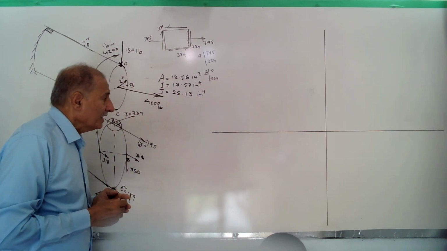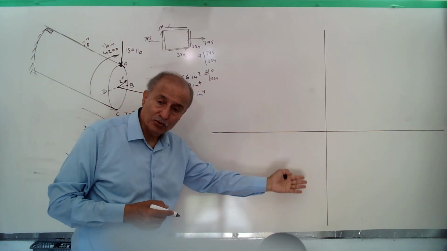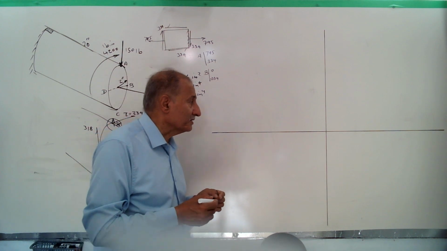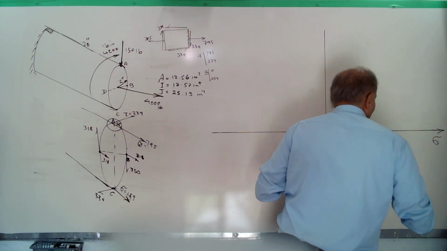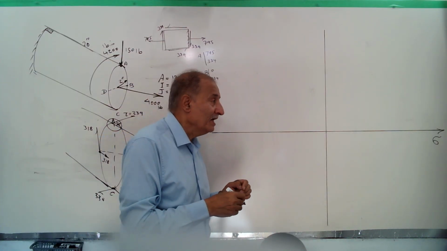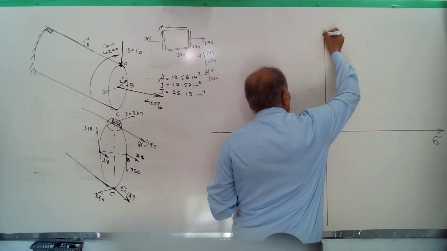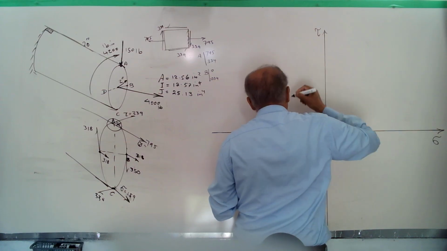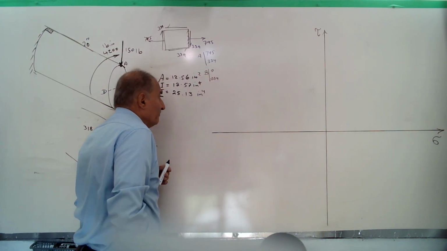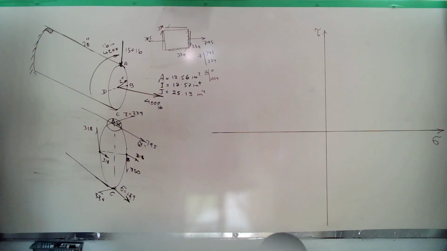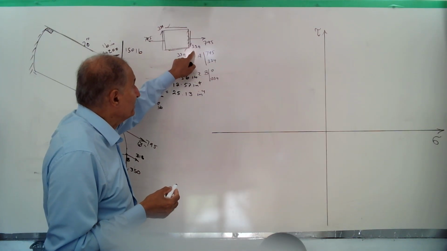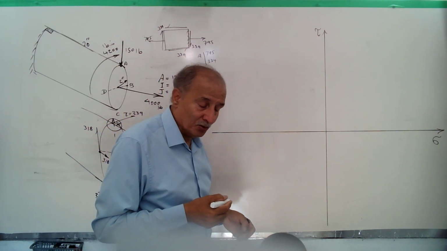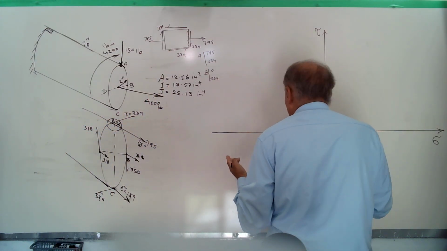Okay? Then we draw two axes normal to each other, and the horizontal axis plays the role of normal stress, and the vertical axis plays the role of shear stress. Then we have coordinates of 2 points here, 795 and 334. You must use a ruler actually to draw it.